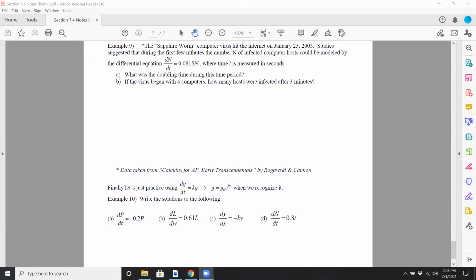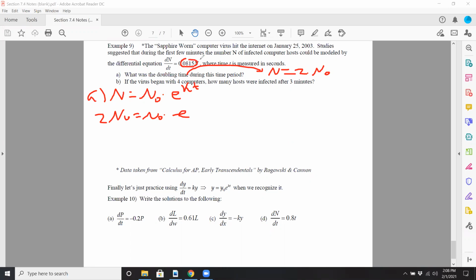So for part A, N equals N sub 0 times e^(kt). Now, if you're doubling, that means N is going to be double the initial amount. Remember, N0 is the initial amount. So 2 times N sub 0 equals N sub 0 times e^(kt). And k is 0.0815, and you're solving for time. The N0's cancel.